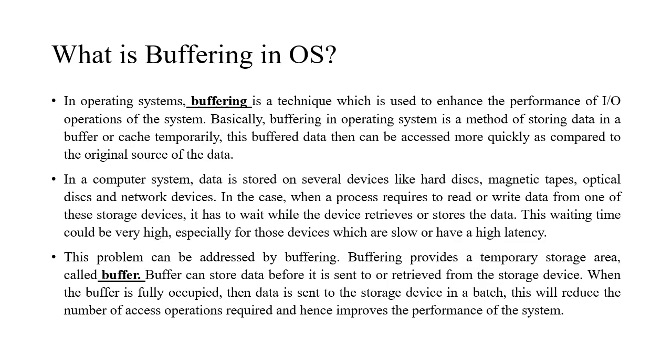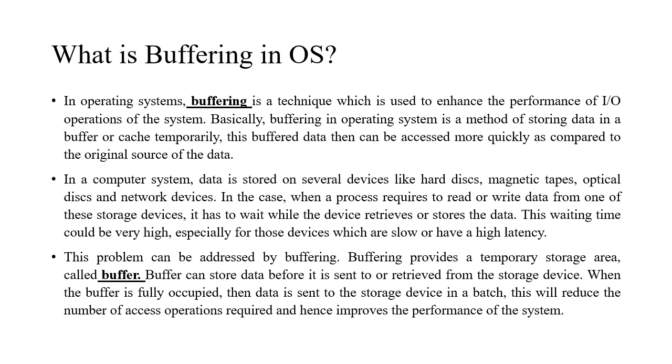Basically, in an operating system, buffering is a technique used to enhance the performance of input-output operations of the system. So it is mainly based on input-output operations. Buffering is a method of storing data in a buffer or cache temporarily, for some amount of time.